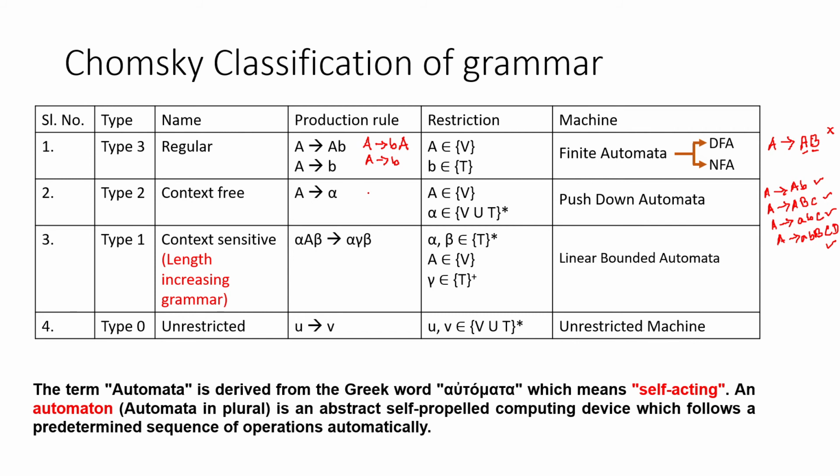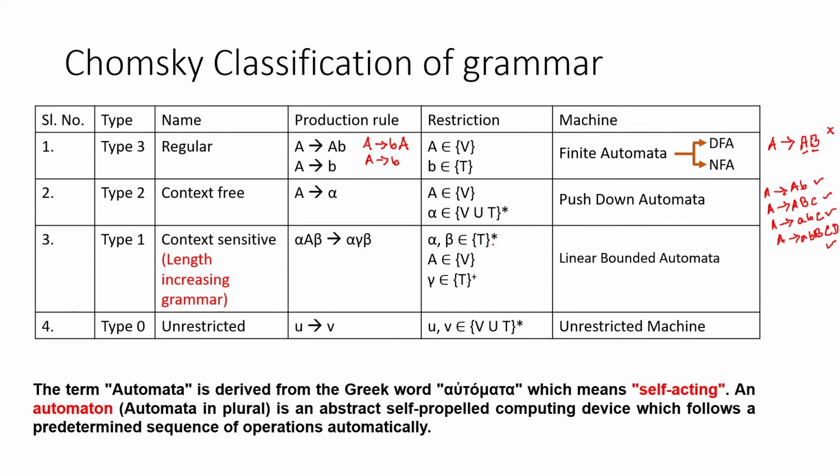So now let's go to the context sensitive grammar, and the type of the production rule is defined something like this: alpha A beta can be rewritten as alpha gamma beta, such that alpha and beta, these two parts, are basically some combination of terminals.